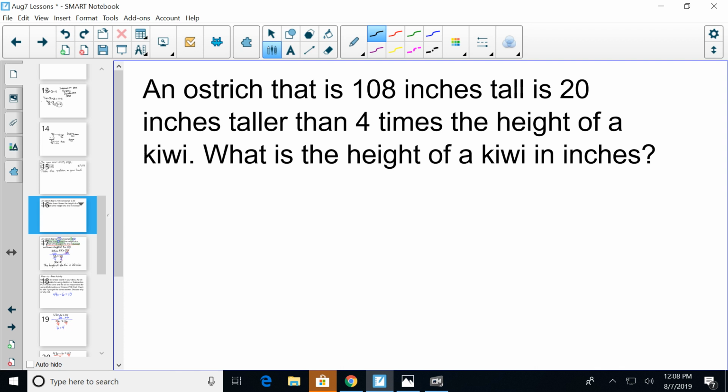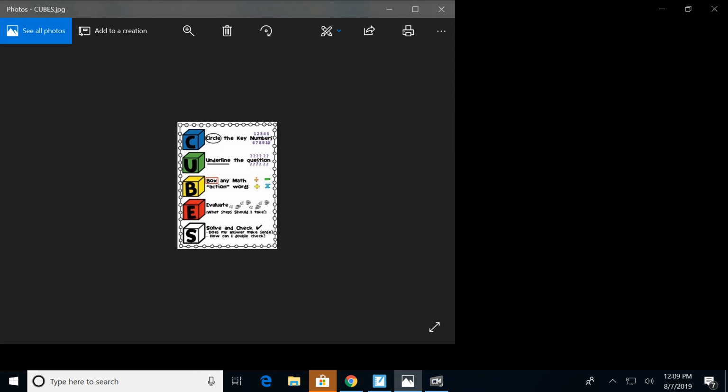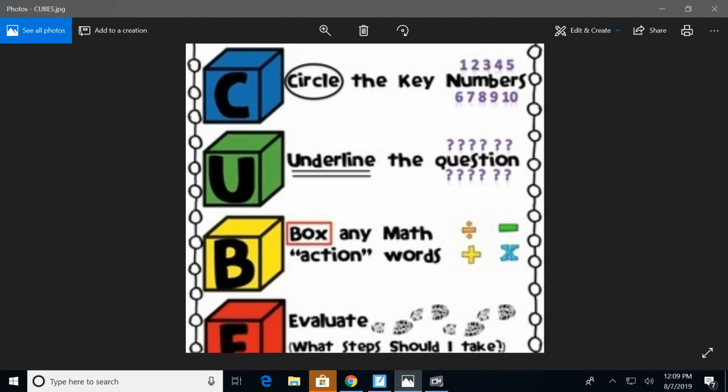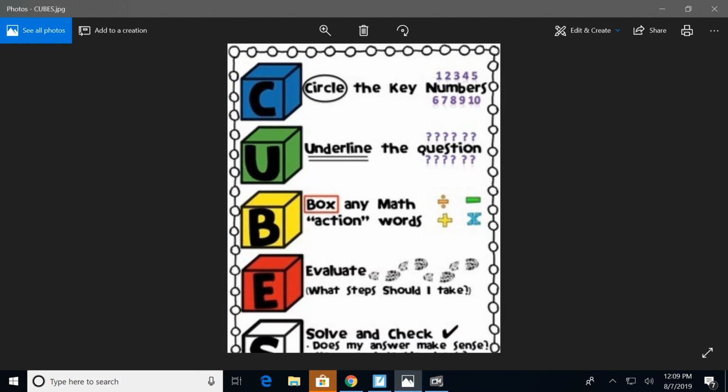All right. So this time, I'm going to read it again. And then you are going to do a few things for me when the board decides to participate. All right, so we have what's called the CUBES process. Now here is what you are going to do.